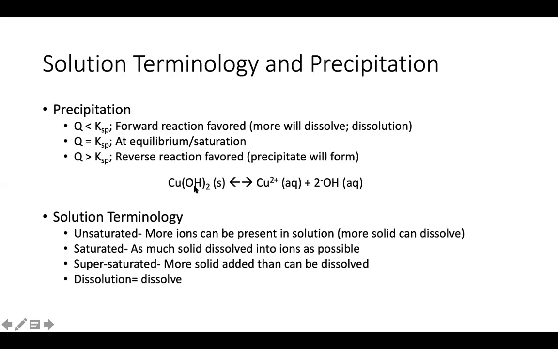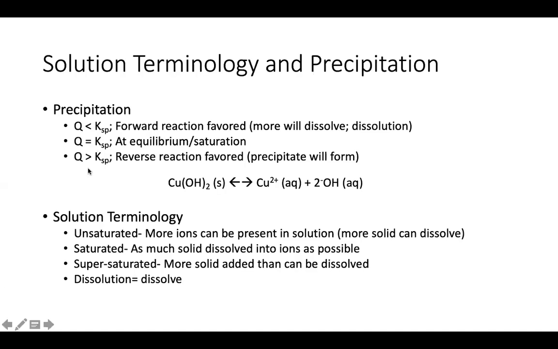If we keep adding a little bit more copper hydroxide, it'll disappear, like we won't be able to see it because it's going to turn into its ions. And it means that you can keep adding more until you reach your KSP. When your Q is equal to your KSP, you are at equilibrium, and that means you're at your saturation point. We'll talk about saturation point in just one moment.